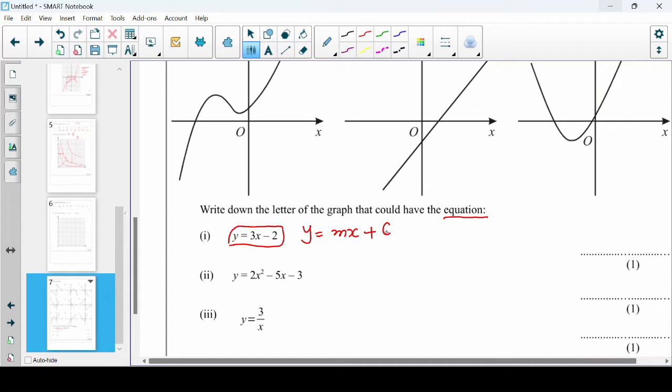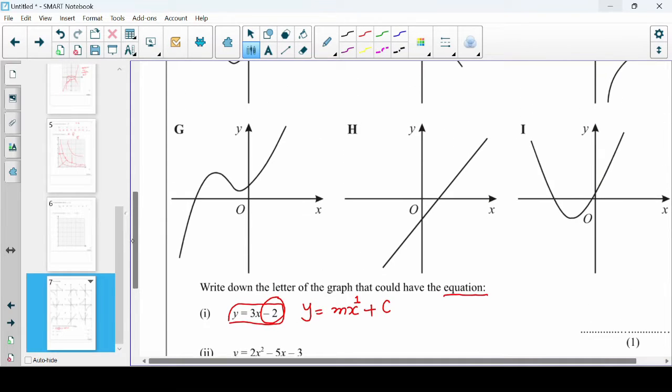So it's a straight line graph because the power of x is 1. That shows that this graph is a straight line graph. This is the first finding. And the second finding is that it is crossing the y-axis at negative 2.